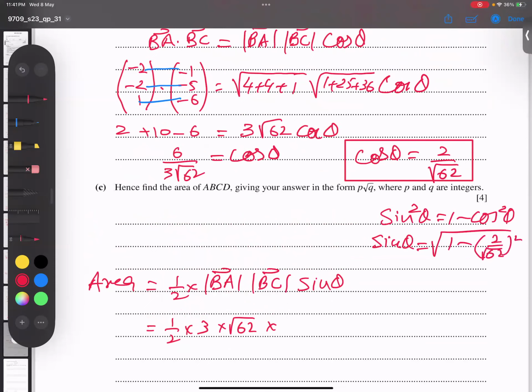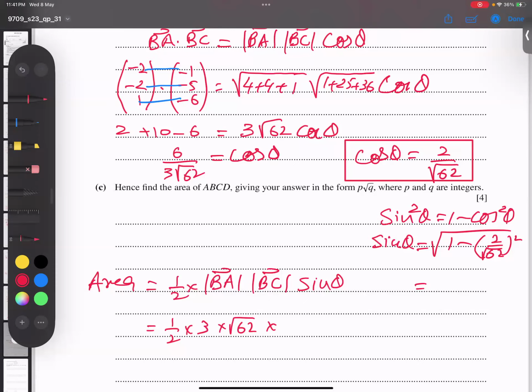So best idea, if I type the whole thing in the calculator, it will not give us the answer. So 1 minus 2 divided by root 62. Sorry for that. So if I square it, and then I subtract it from 1.